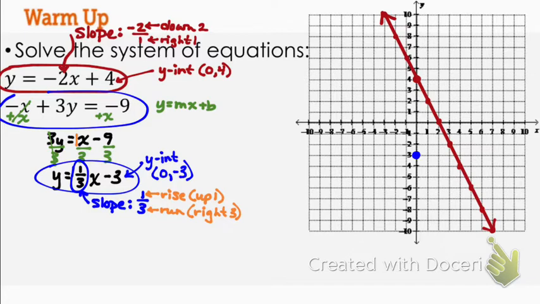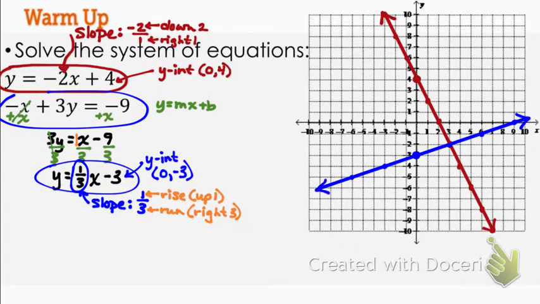You got it? Okay. So from that blue point on the -3, I'm going to go up 1 and right 3, up 1 and right 3, up 1 and right 3. I'm going to go backwards as well, so down and left. And then I would grab my straight edge to go through those points. What am I looking for when I solve by graphing? I'm looking for my solution.